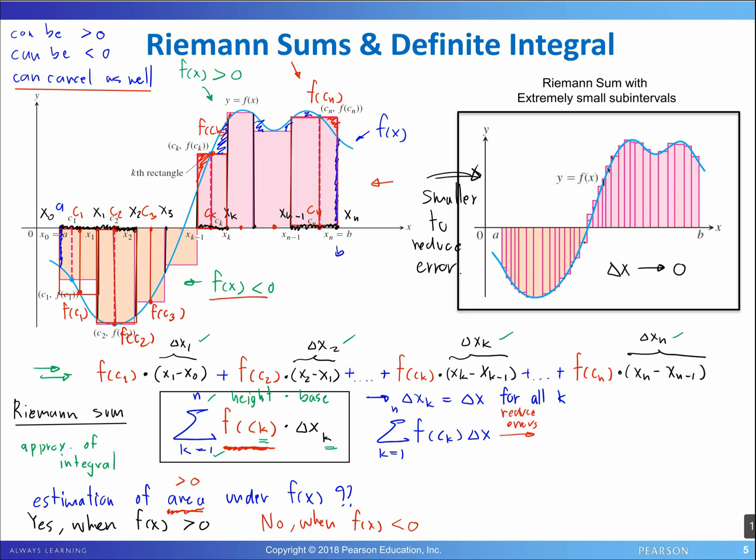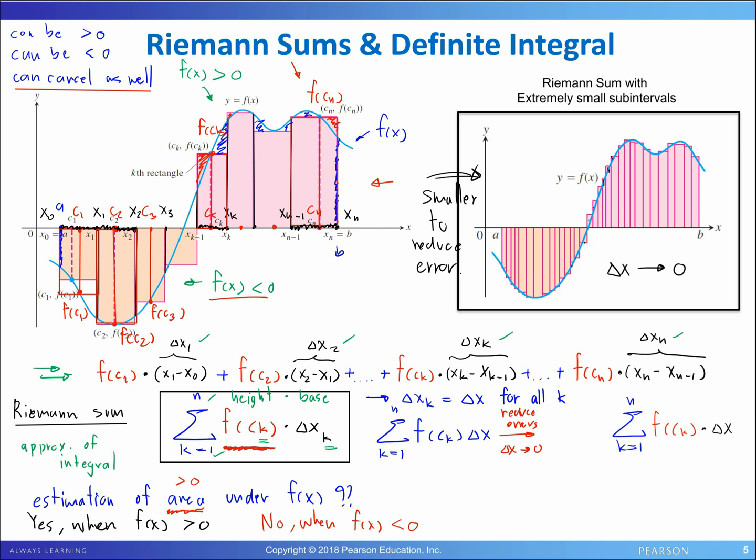And how do we do that? We make delta x go to 0. So we have this sigma sign, just the same, and k starts at 1, just the same, and it's going to stop at n, just the same. And now we still have this function evaluated at the middle point, f at ck, now times the base of the rectangle, delta x, and this one is going to be the same for every section.